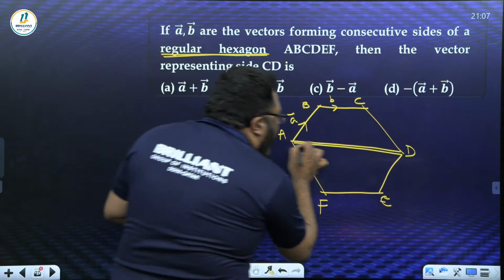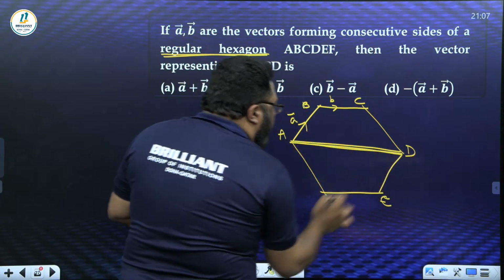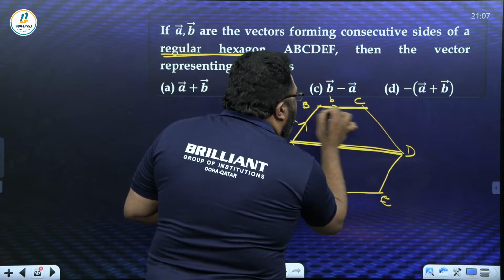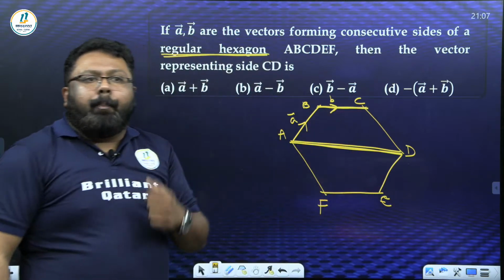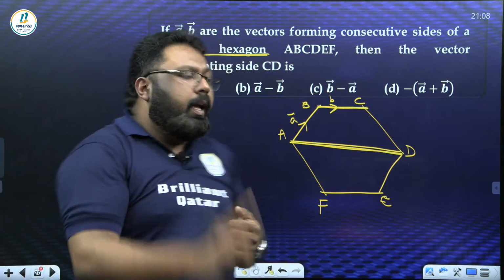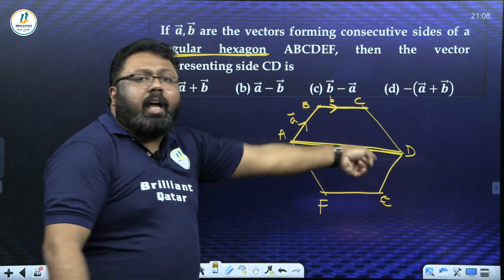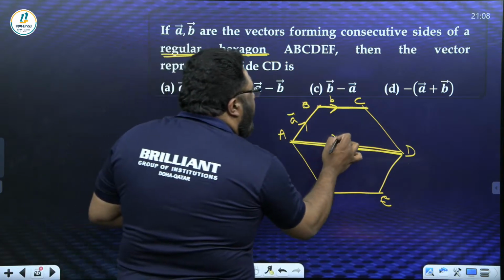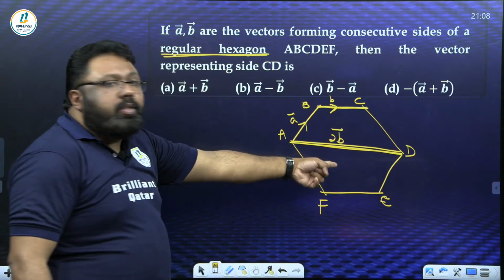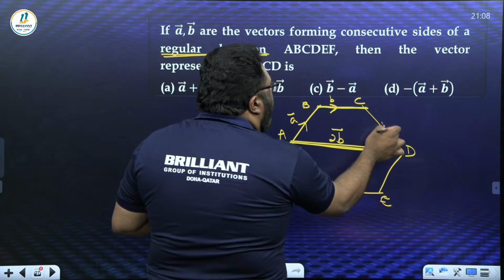Remember that this diagonal going from A to D will always be double this side. This is a property which exists between the side of the hexagon and the diagonal. This is 2B, my dears. Now I want to find CD.